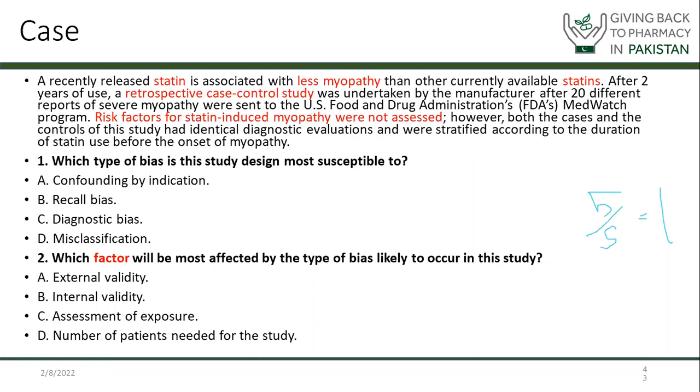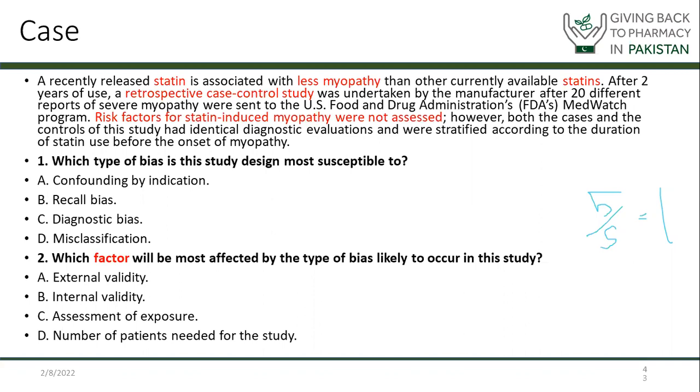Okay, Gul's number again, internal validity. Rida, internal validity. Why? Biasness, not external. Why internal? Biasness. If something is affecting the biasness, what does it mean? I told you the confounding factor biasness, it causes effect on internal validity. Always remember.